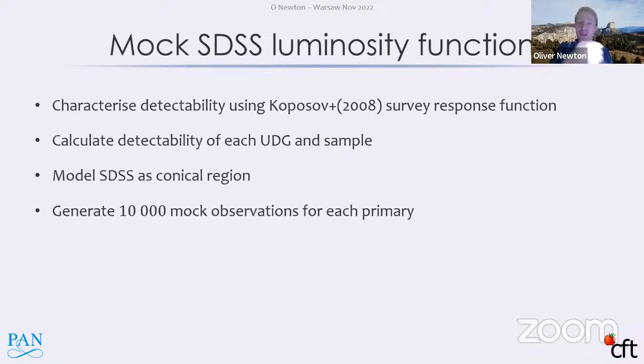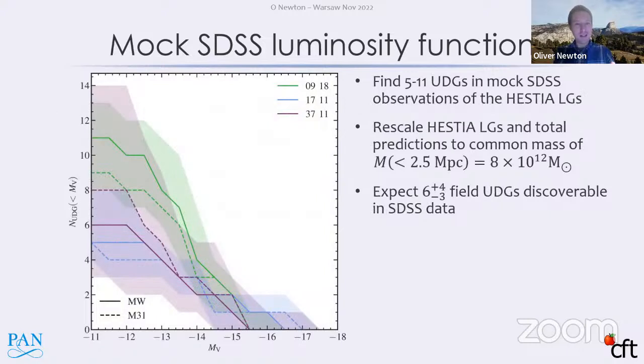So using this, we calculate the detectability of each UDG in our mock observation, and using that as a probability of detection, we can randomly choose UDGs that are detected. And for each Milky Way, or each primary halo, host halo, we produce 10,000 mock SDSS observations across the sky to try and generate a luminosity function and the likely scatter that we would expect to find around it. So we're doing this in the 3 simulations.